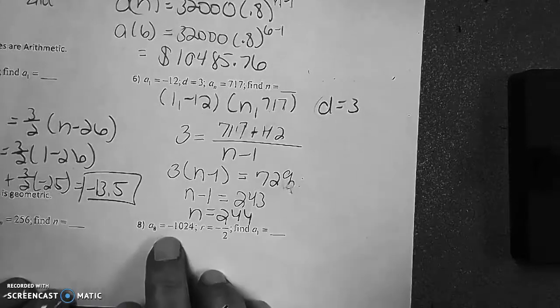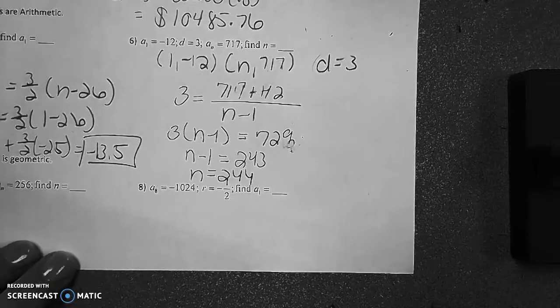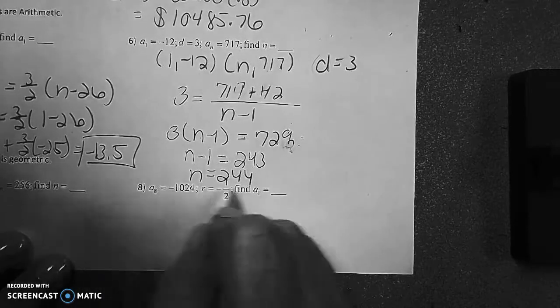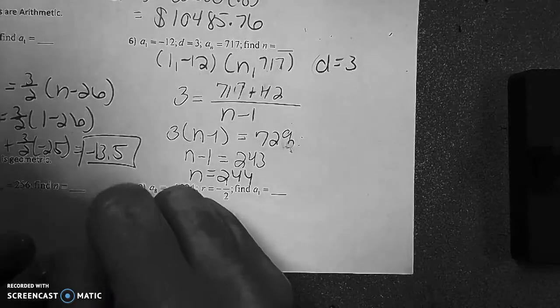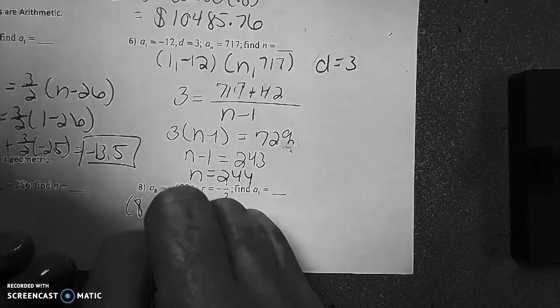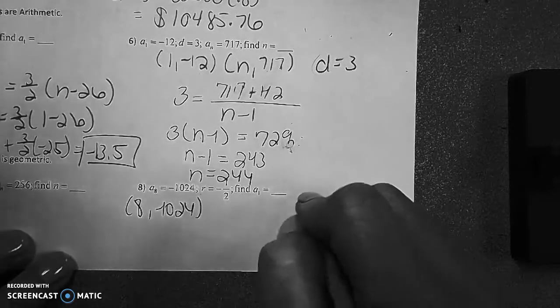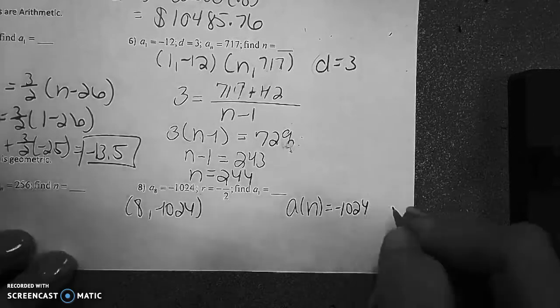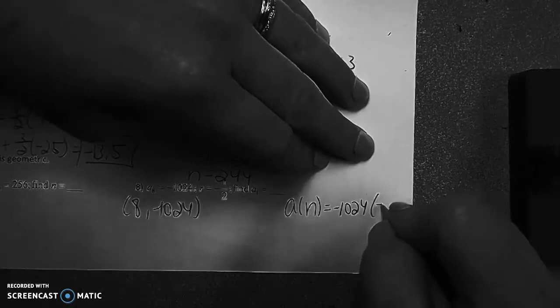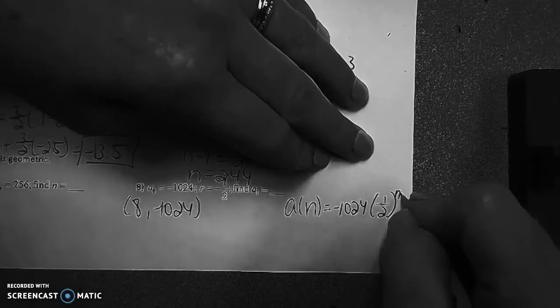All right, let's do number 8, since it's right below where we are. I know I'm skipping around, that's okay. So I see that this is geometric. I know that because it gives me an R, and the instructions say that. I have a point, and from that point, I can write my explicit formula. I know A of n will equal negative 1,024 times negative 1/2 to the n minus 8.